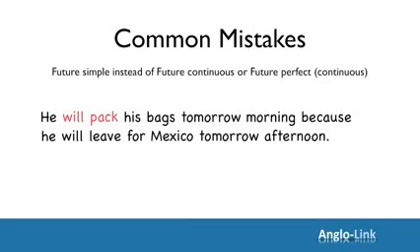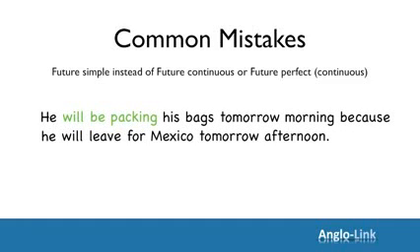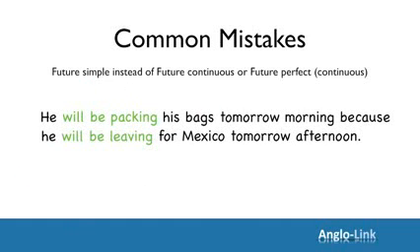The first verb is a future plan, so not future simple, but future continuous. He will be packing. And the second verb, will leave, is a future arrangement. So once again, not simple, but continuous. Will be leaving.